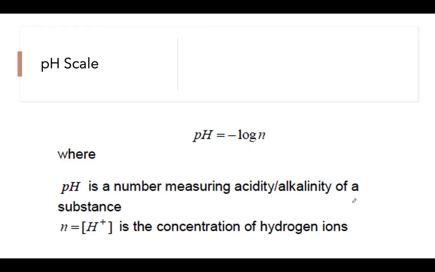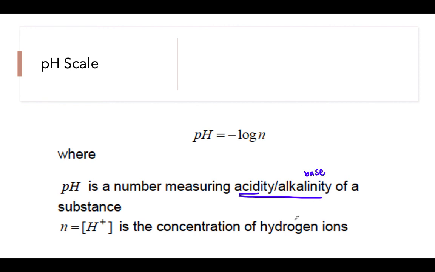Okay, so lastly, we have the pH scale. We use the pH scale in chemistry very often. The pH scale is a measure of the acidity or alkalinity of a substance. Acidity means acid, and alkalinity is the base.